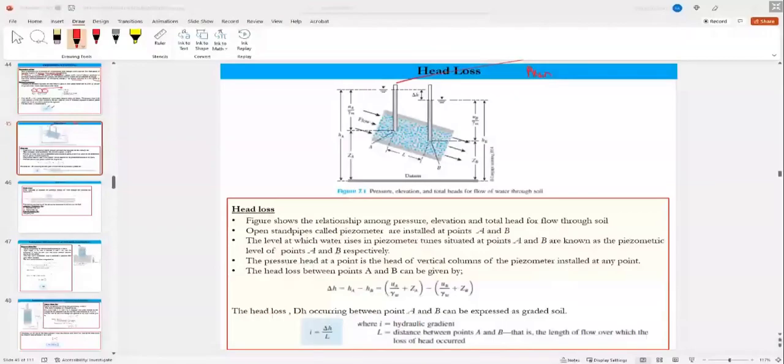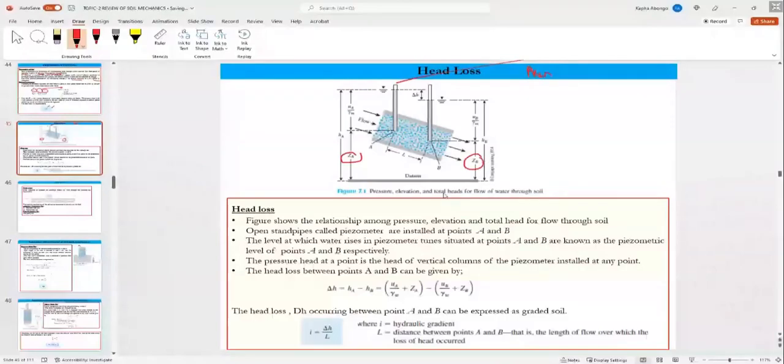So if you have flow through a medium, we have a piezometer here and another piezometer here. Taking the bottom of this piezometer as the elevation, that is ZA. The bottom of this piezometer is ZB.